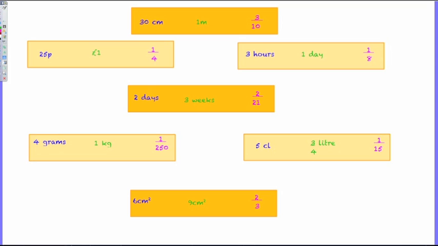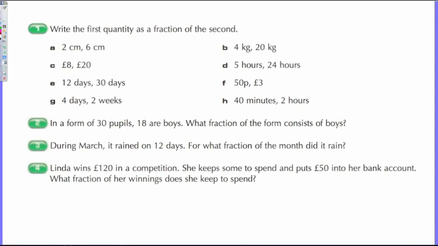You need to make sure that you have converted all of your values to have the same unit. So you convert all of them into grams, all of them into centilitres, hours, and so on. Okay, so here are a few questions. So for the first one, you're writing the first quantity as a fraction of the second, and then you're going to simplify.